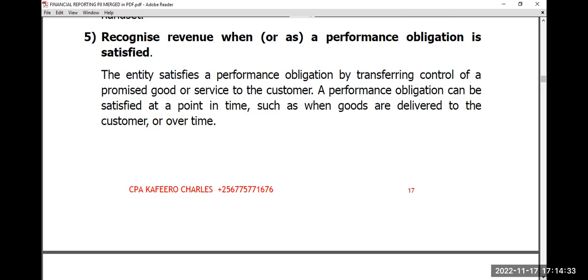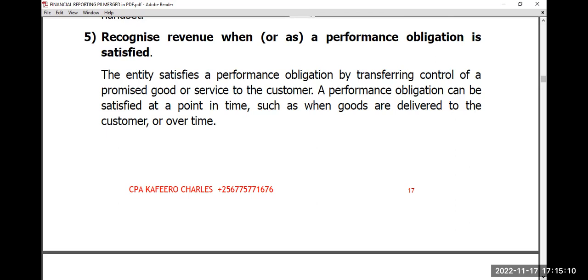At a point in time, if I was supposed to transfer 10 million to someone's bank account, maybe in the US, and I have actually transferred the money there and then, it means I have done that at a point in time. But if I'm going to satisfy the performance obligation over time, it means this performance obligation is going to exist for a long period of time.